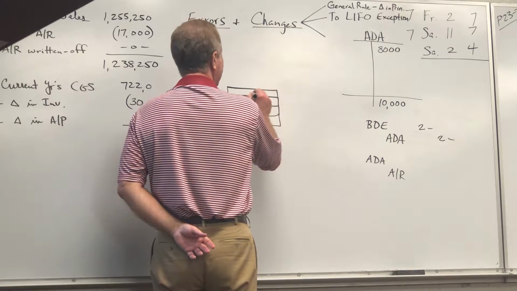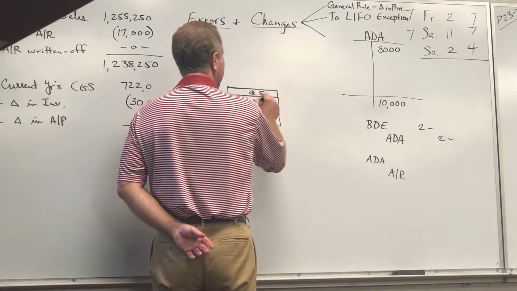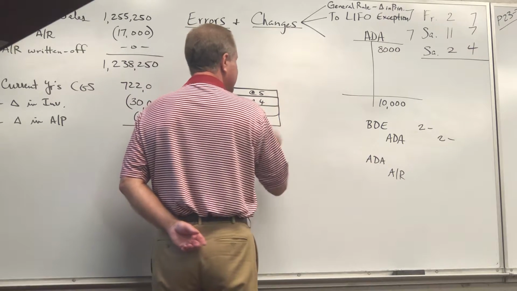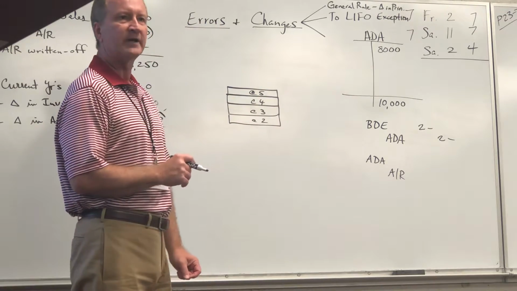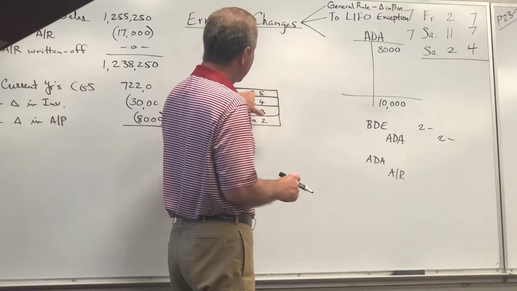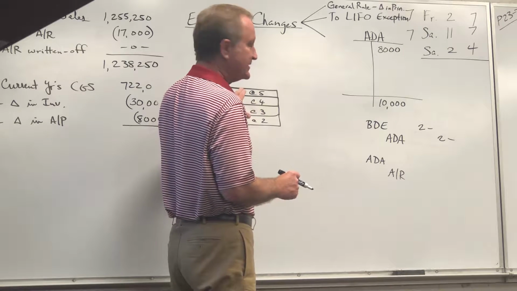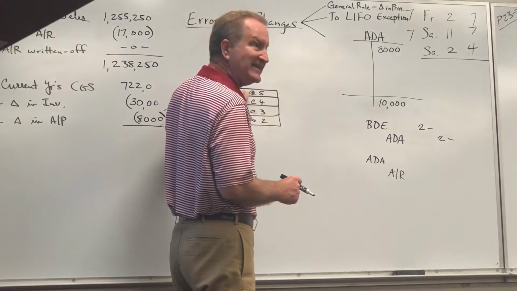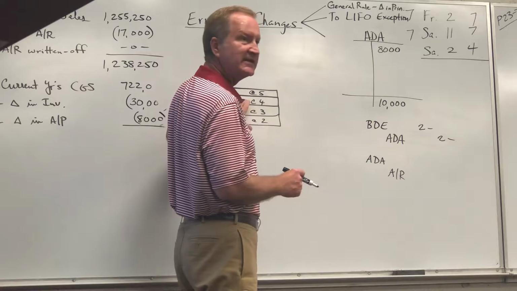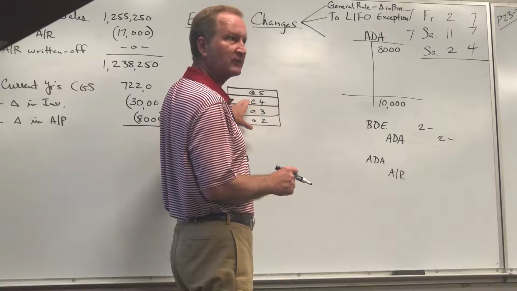So let's say that we bought these at 5, these at 4, these at 3, and these at 2. I didn't put how many because it's immaterial. Once I sell these at $5 a piece, I start taking these out at $4 a piece, right?